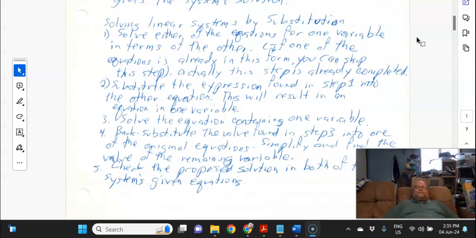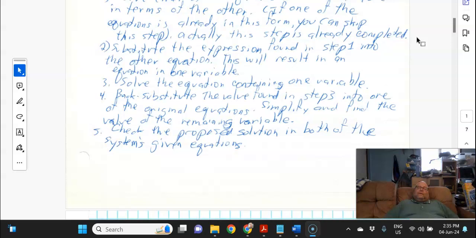We can replace the single variable with the expression that it equals in one equation into the other equation. This will result in an equation with only a single variable.